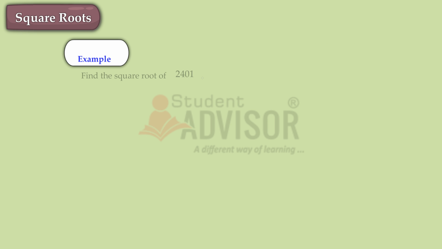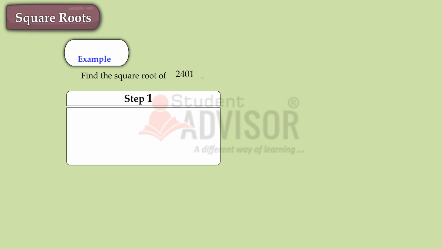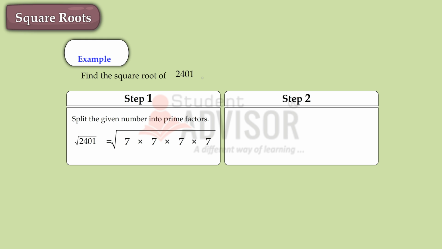Example: find the square root of 2401. Step 1. Split the given number into prime factors. Step 2. Form pairs of like factors.